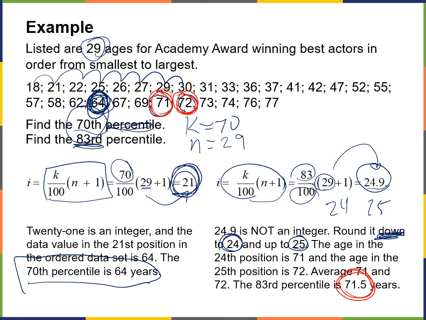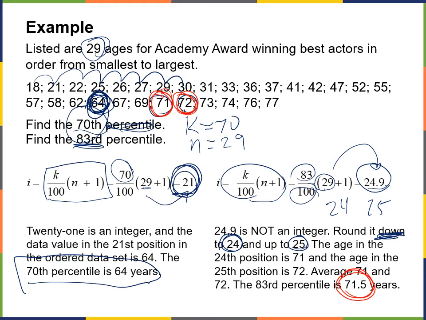Now you would say, well, that's not actually one of the ages listed. 71 is, 72 is, 71.5 is not. Why is that? Well, look at it, we have 29 different data values sitting in front of us. But we're trying to divvy this up into 100 pieces. That's what percentiles do.